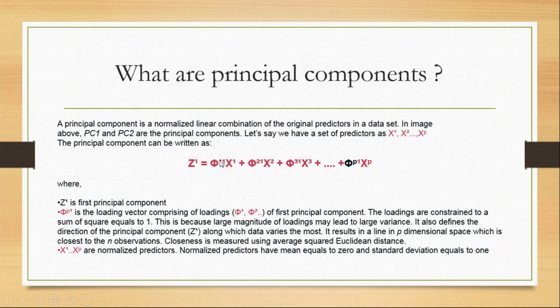So there is a loading factor here for the first variable, for the second, for the third, for the first component. Similarly, if we were doing it for the second component, it would have been 1, 2, 2, 2, and so on.